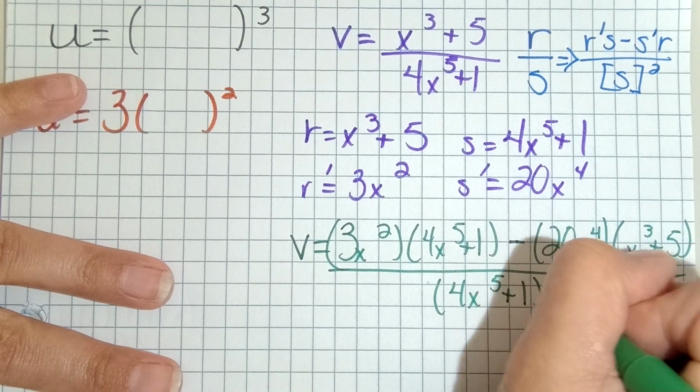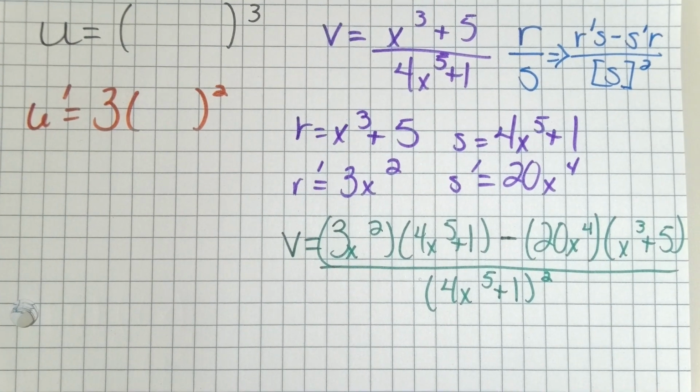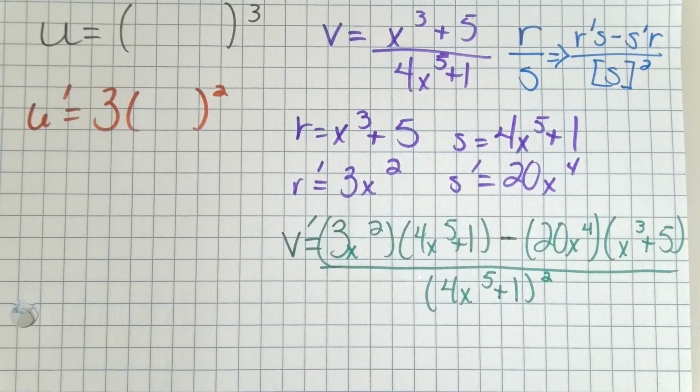So essentially the chain was having to do the V prime twice.